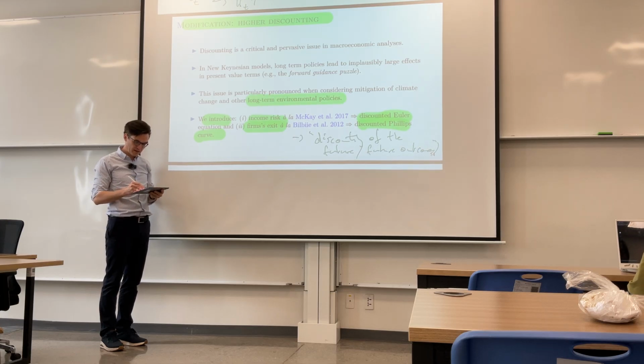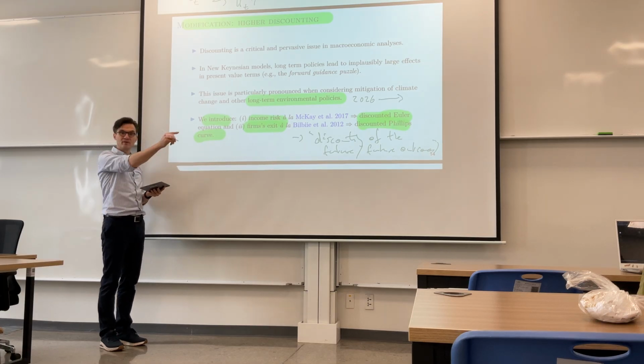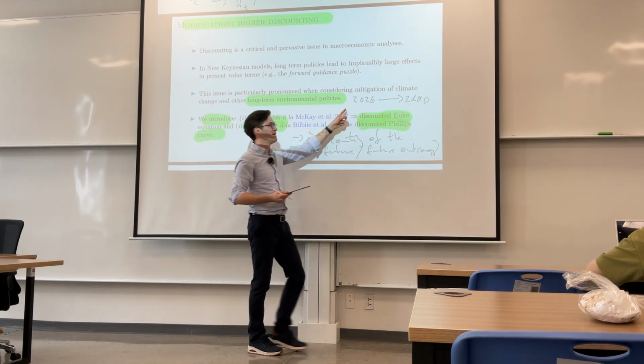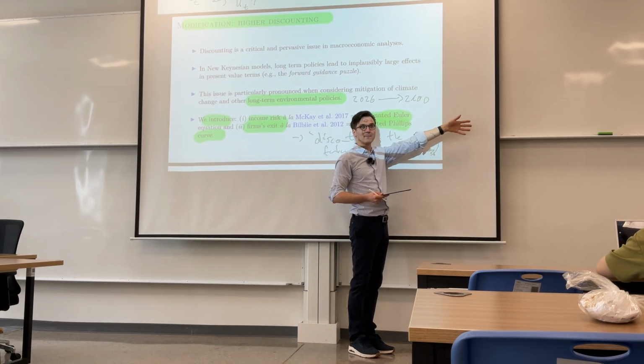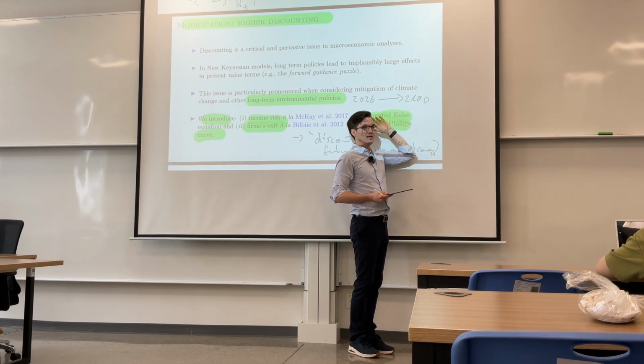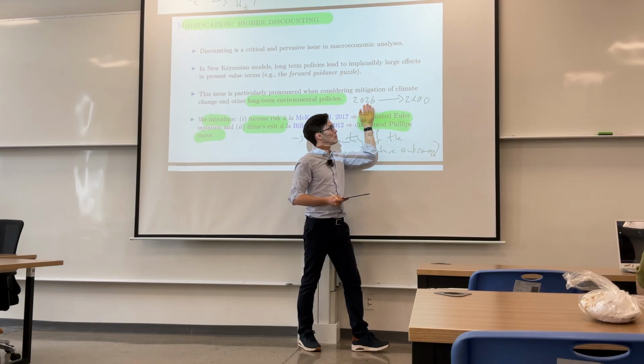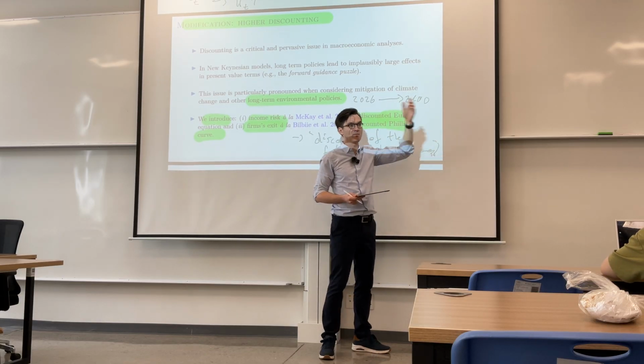So they are thinking, okay, we are in the year 2026, and they are projecting what's going to happen in this economy until the year 2100. So they're doing 75 years of forecasting. That's the idea. They're not interested in what happens next year, but in what happens in 75 years from now.